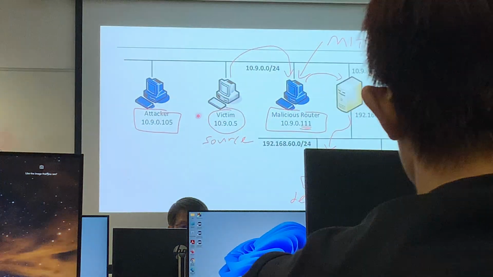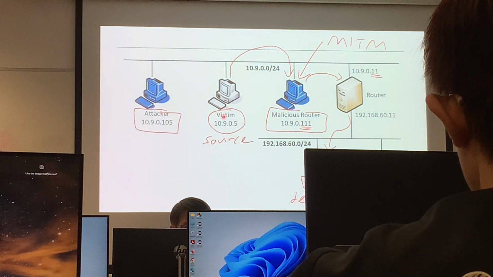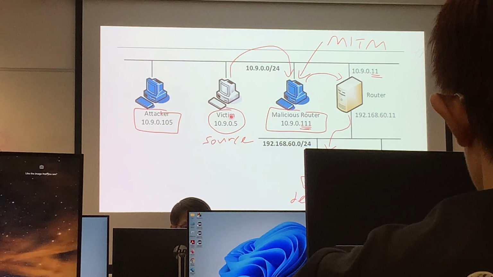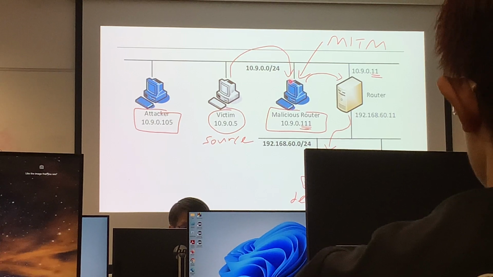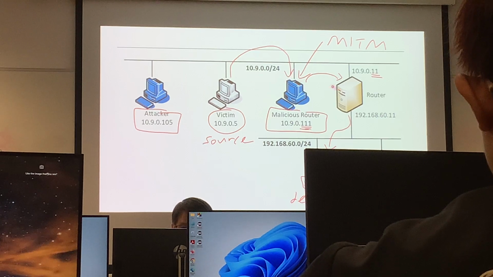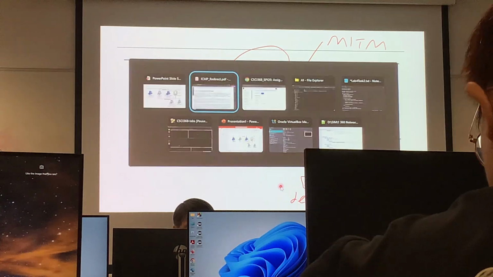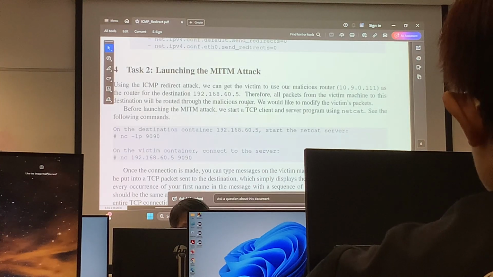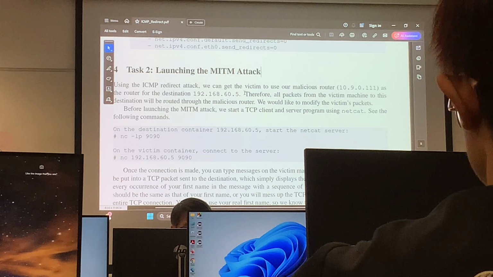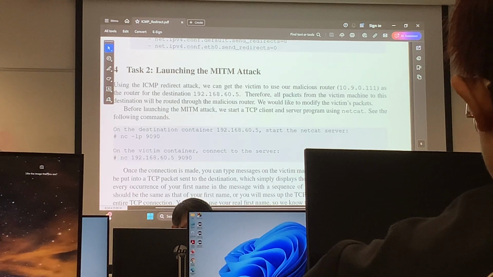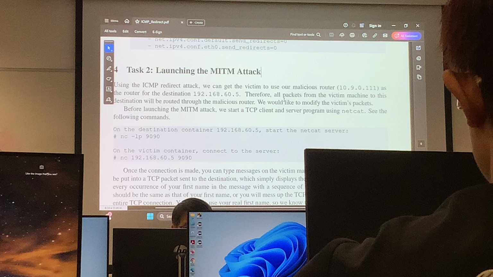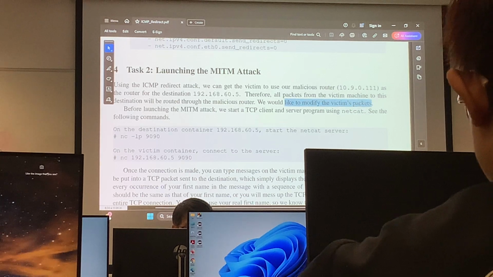You notice that because of our redirect attack, when the victim wants to send a message to the destination, the victim actually goes through the malicious router. So all packets from the victim machine to this destination will be routed through the malicious router, and now we want to modify the victim's packet.